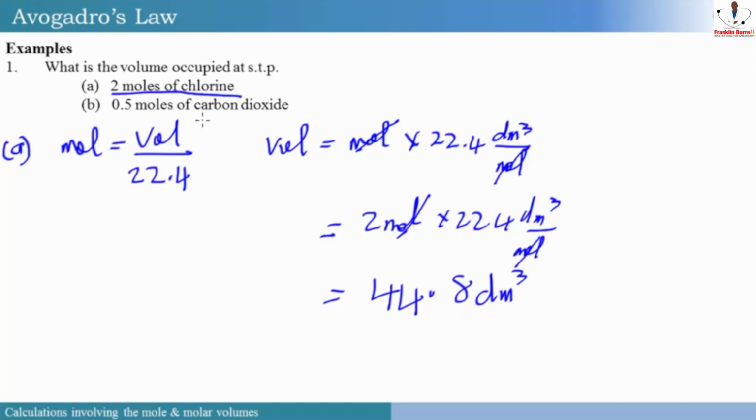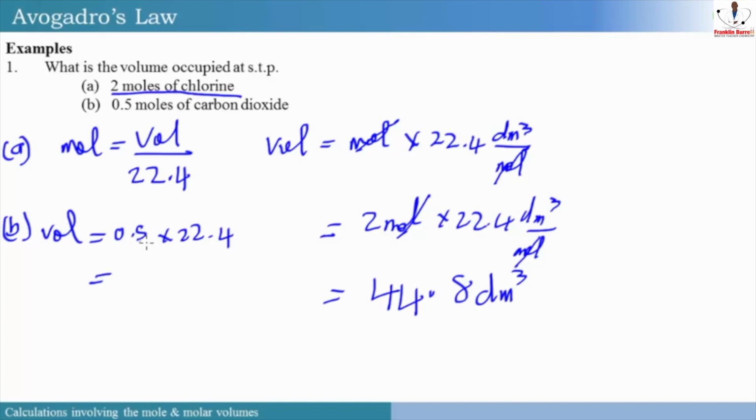What about 0.5 moles of carbon dioxide? Again, we're given moles and we want volume. So we would use the moles to find the volume at STP. So for B, volume equals 0.5 times 22.4. Again, remember, your unit here would be moles and your unit here would be dm cube per mole.